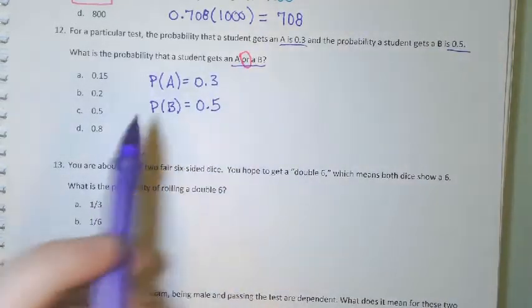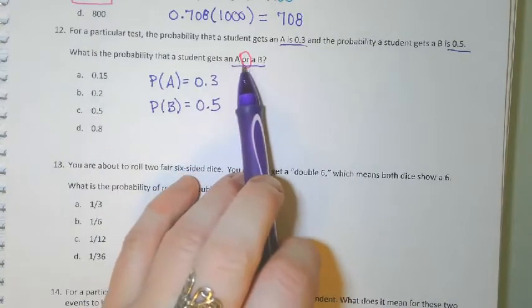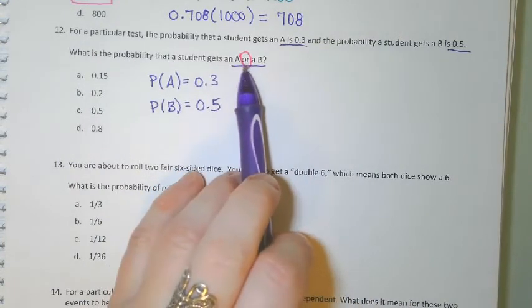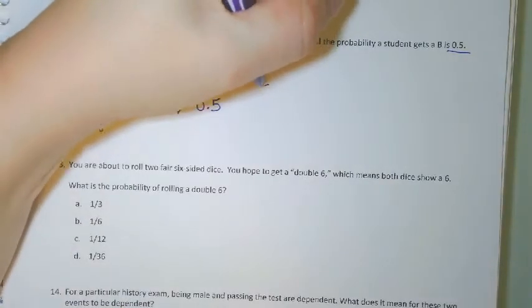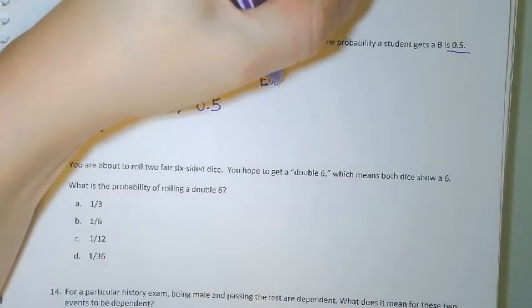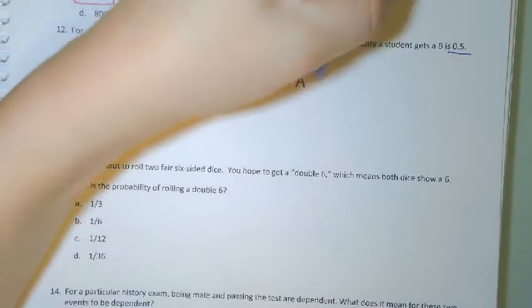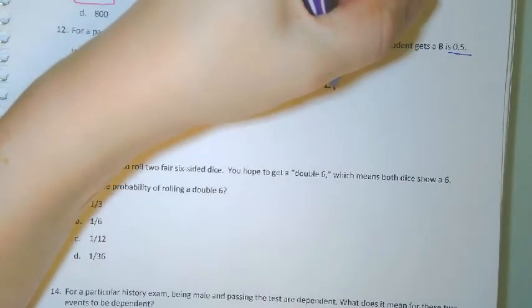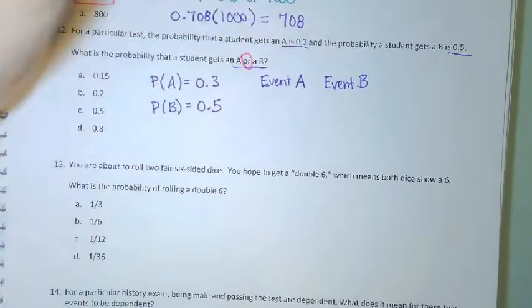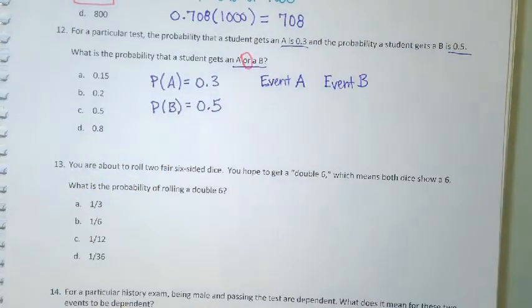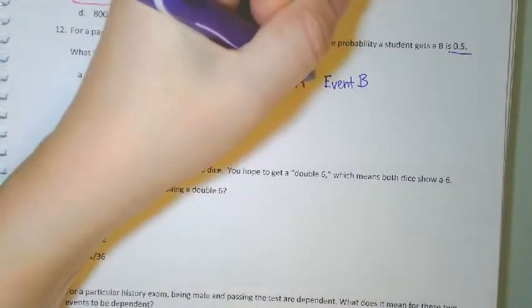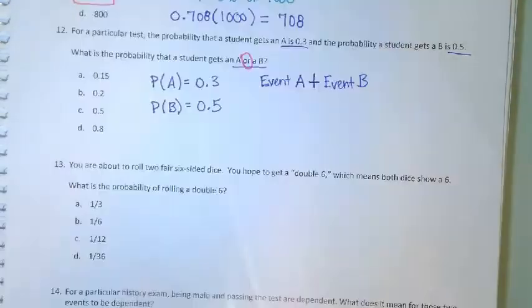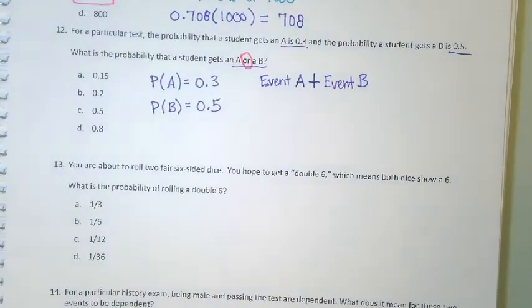So, to determine the probability in this case, when we have an or situation, what's the probability of this or that? What's the probability of event A occurring or event B occurring? What we do in this case is just add the two individual probabilities together.